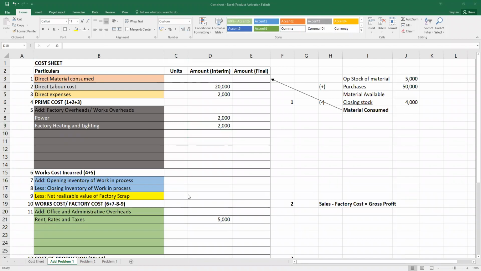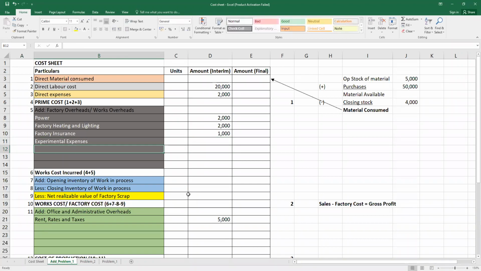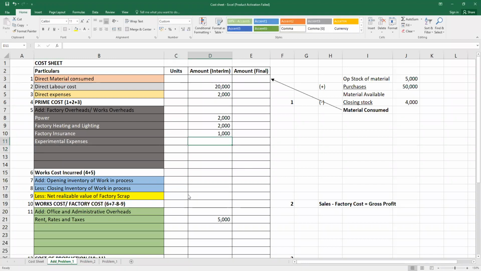Then factory insurance, 1,000. Then experimental expenses, it is called as R&D expenses. वो भी हम factory overheads में ही लेंगे. Experimental expenses amounting to 500.